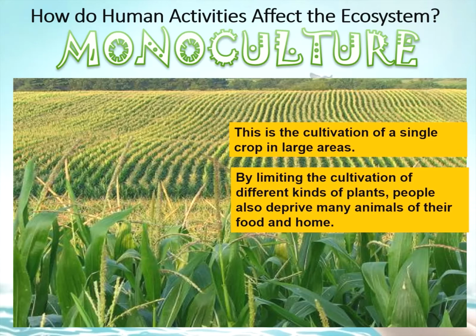Pero ang kalungkutan o ang disadvantage naman nito ay hindi na nagkakaroon ng ibang chance yung ibang organism to live because isa lang yung organism o isa lang yung plant na naninirahan doon. Unlike pag iba-iba ang nakatanim, pwedeng manirahan yung iba pang organisms doon sa area na yun.